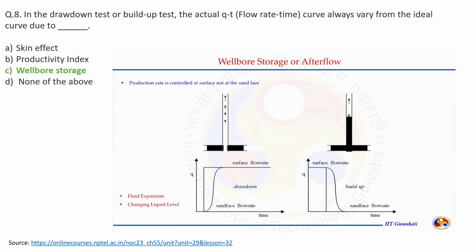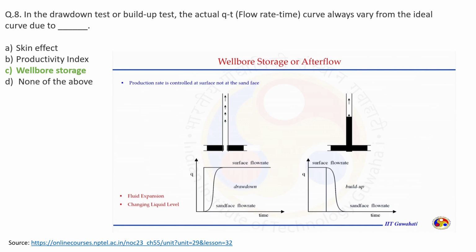Okay, so the answer is the wellbore storage. So sir must have told that whenever we are shutting down the flow or starting it, there is always some liquid or gas stored in the wellbore.